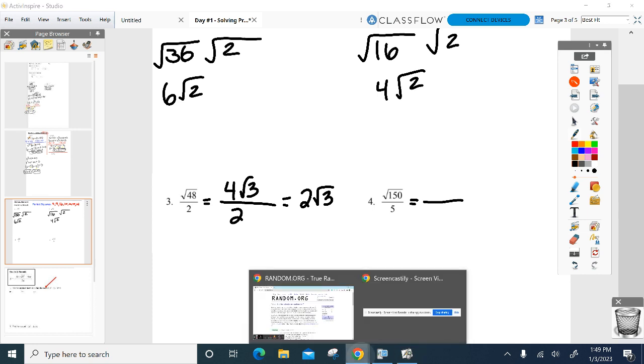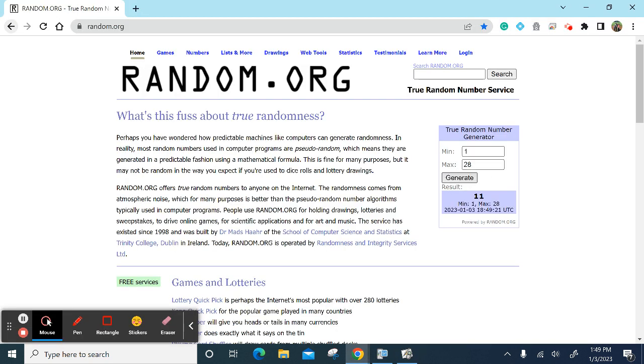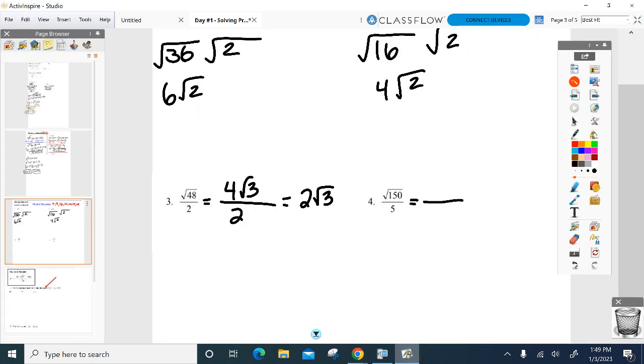Broke down 150. Ready to go? What do you got? 5 radical 6. That would have been 25 and 6. Over 5. 5's divide, and it's just going to be radical 6.